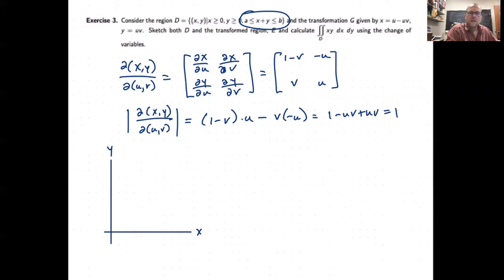So if we want to figure out what that looks like, you have to think about the line X plus Y equals A, and then of course equals B. And the assumption from the way it's written is that A and B are going to be numbers so that A is less than B. And so we should get two parallel lines like so.